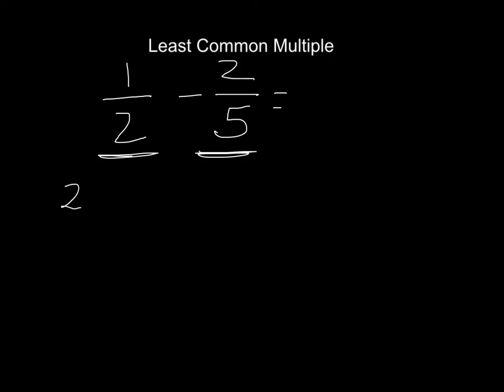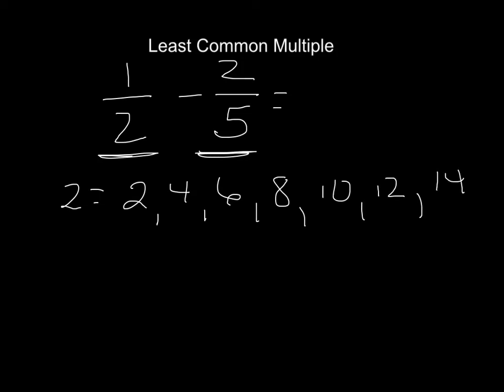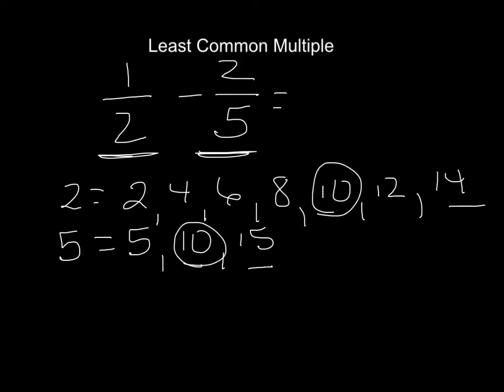So let's take 2. I know I have 2, 4, 6, 8, 10, 12, 14, and for my 5 on my other fraction, I have 5, 10, 15. Well, I'm already at 14 over here and 15 here. It looks like my least common multiple is going to be 10.